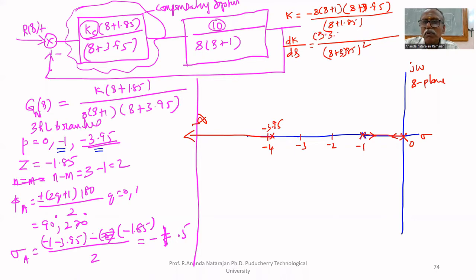What is the numerator? The numerator polynomial is s cube plus 4.95 s square plus 3.95 s.